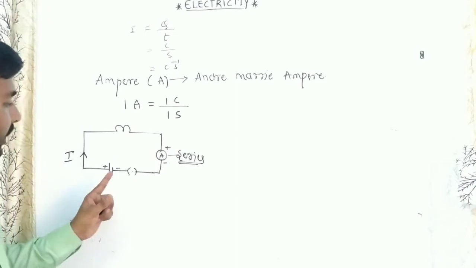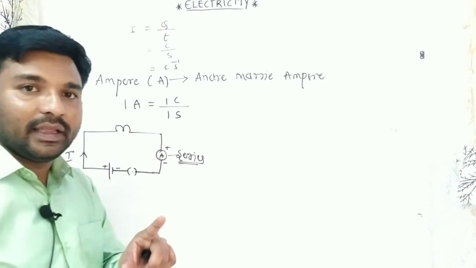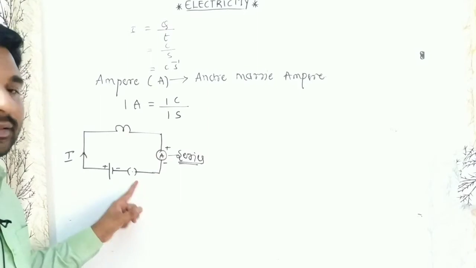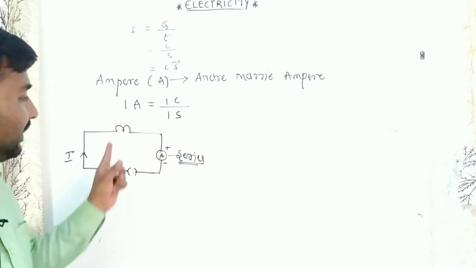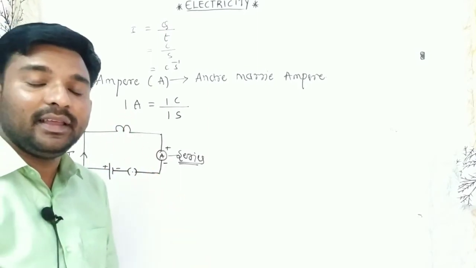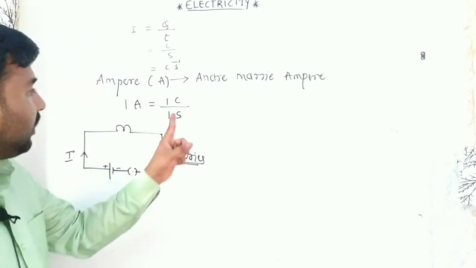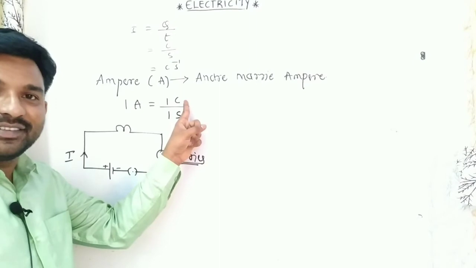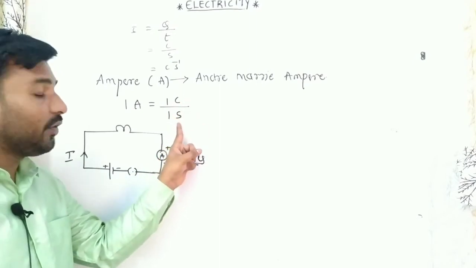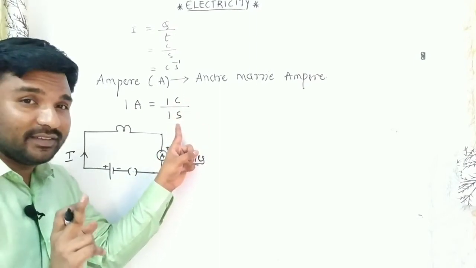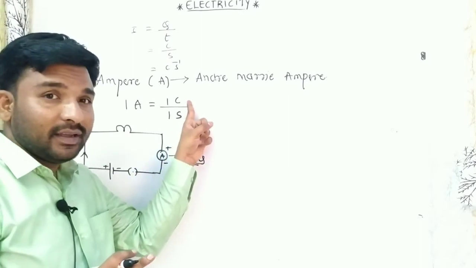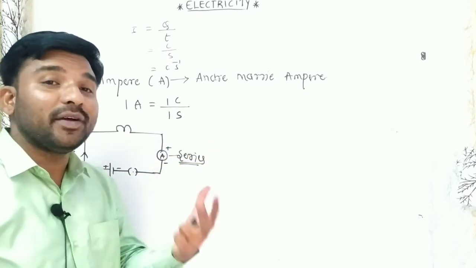Fine. Now if you want to say the amount of electric current, the current is 1 ampere in the circuit. When we say the current is 1 ampere, it means 1 coulomb of charge is flowing in 1 second. You know that 1 coulomb of charge means how many electrons?